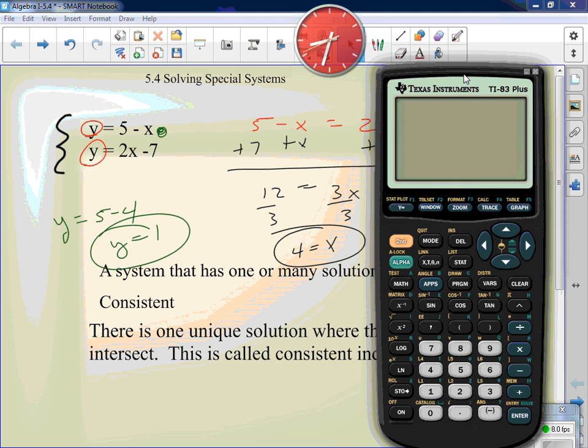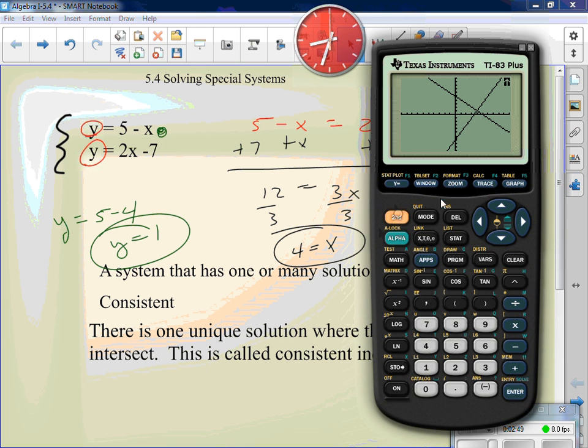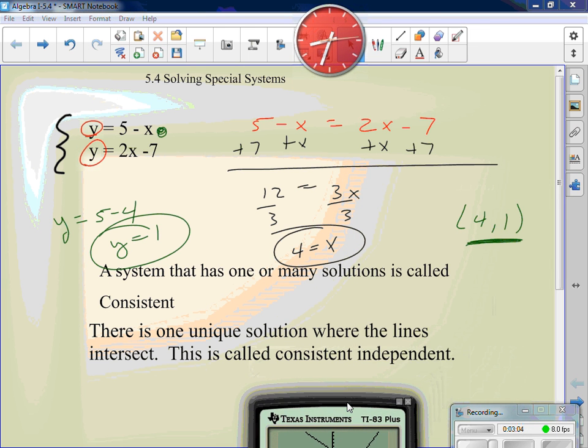If I were to take both of these equations, y equals 5 minus x and 2x minus 7, there's the first one, there's the second one, and they intersect at (4, 1). This is called a consistent independent system.